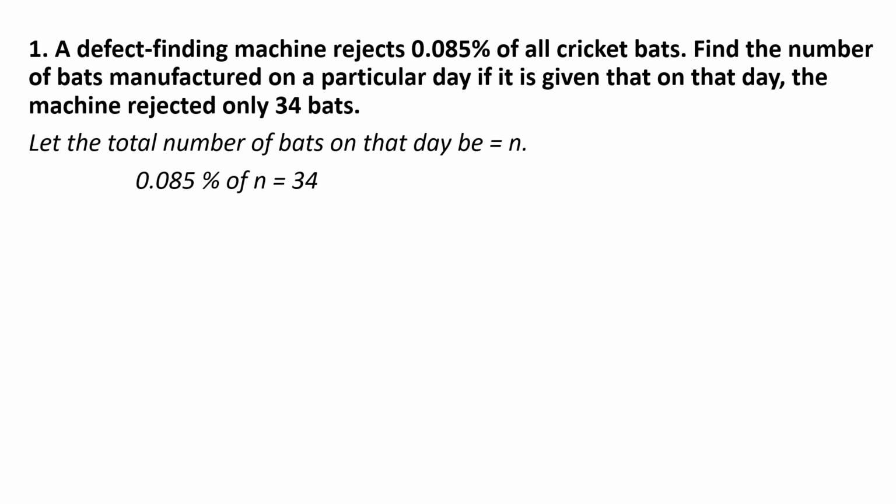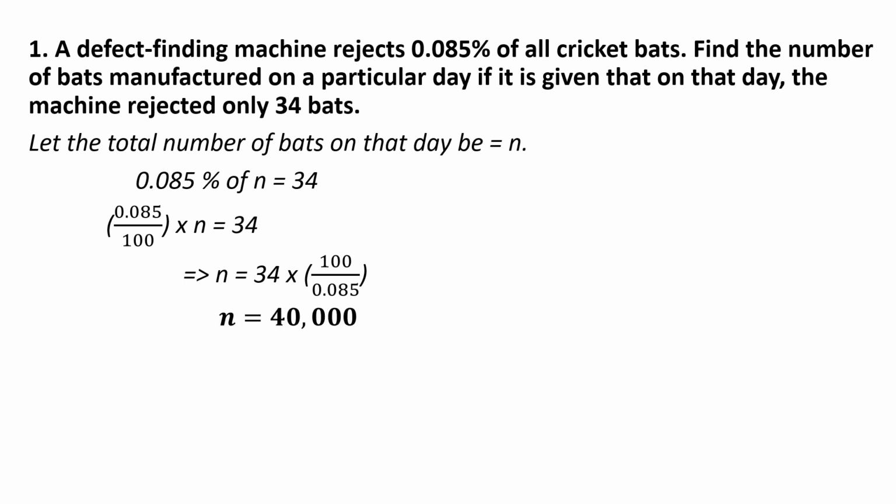Upon simplification, convert this percentage into a fraction. We have 0.085 divided by 100 into n equal to 34. So n is equal to 34 into 100 divided by 0.085. So n is equal to 40,000. Therefore, the total number of bats manufactured is 40,000.